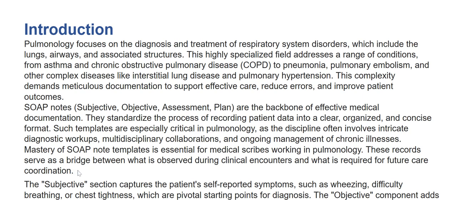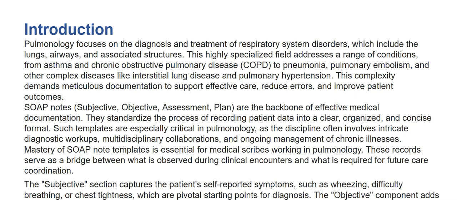These records serve as a bridge between what is observed during clinical encounters and what is required for future care coordination. The subjective section captures the patient's self-reported symptoms such as wheezing, difficulty breathing, or chest tightness, which are pivotal starting points for diagnosis. The objective component adds measurable findings like spirometry results, chest X-ray, or physical exam findings such as abnormal lung sounds or hypoxemia.